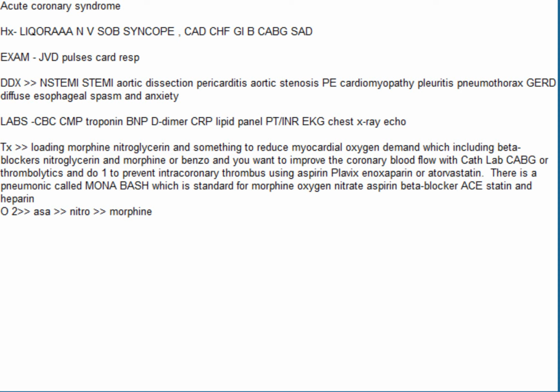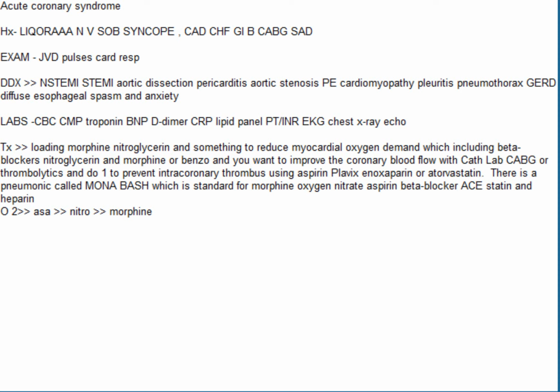And then you give morphine, which is 2 to 4 milligram every 5 minutes if unresponsive to 3 doses of nitrate.